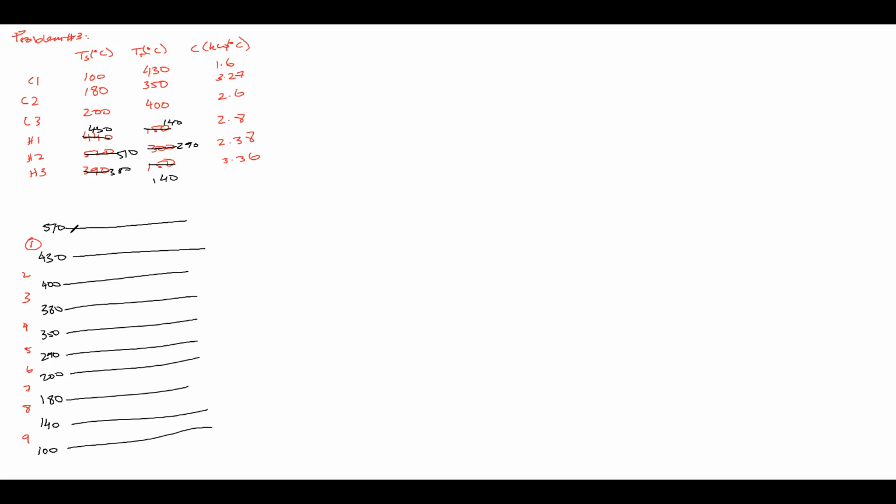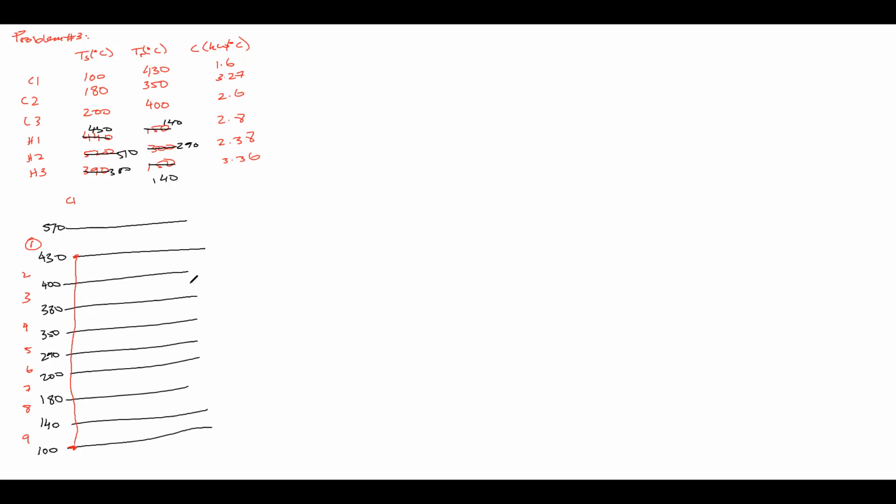But you also need to be able to troubleshoot it and understand what's going on. Okay. Anyways, so I have C1 from 100 to 430. So I have from 430 all the way down to 100. Right, so this will be C1.